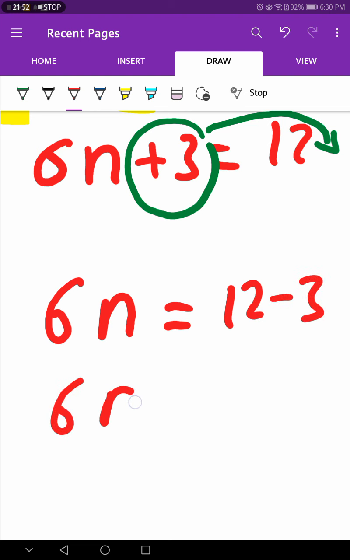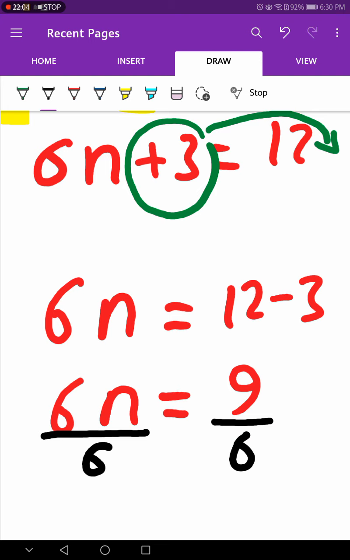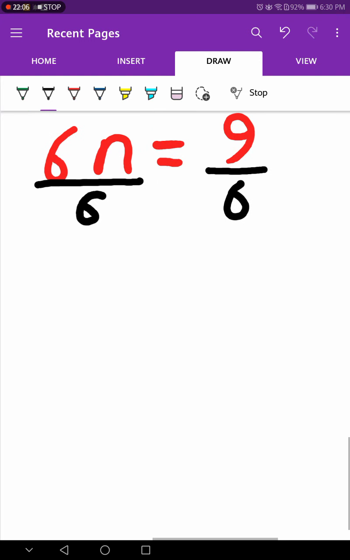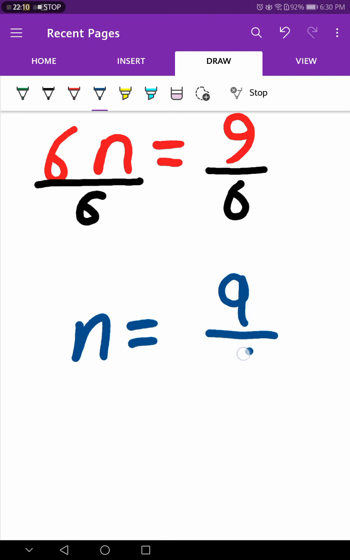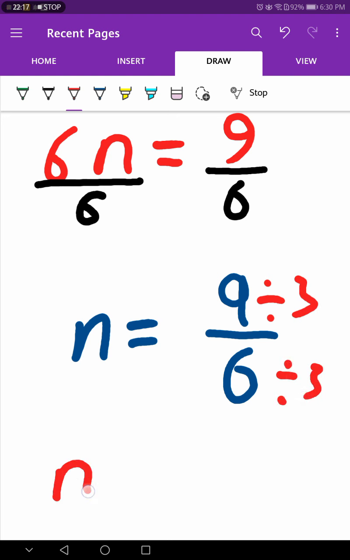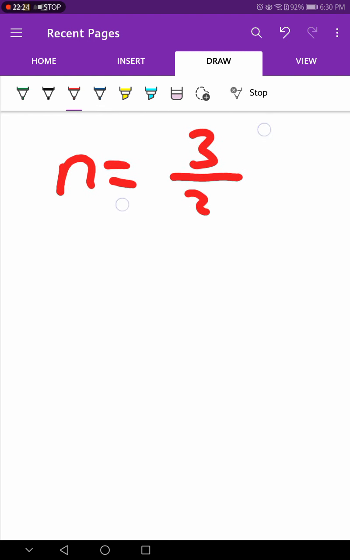And 6n equals 9. So divide by 6 and divide by 6. So n equals 9 over 6. Both of them can be divided by 3. So n equals 3 over 2, which equals 1.5.